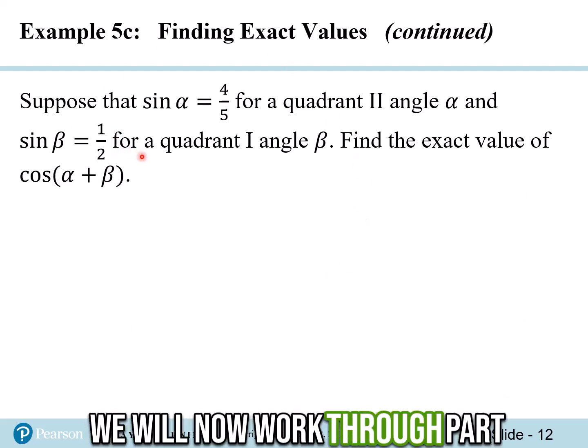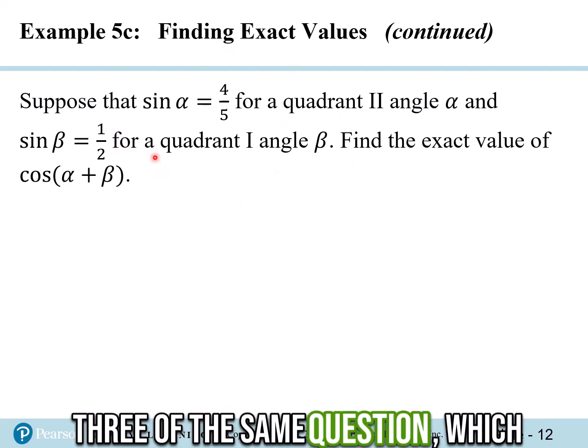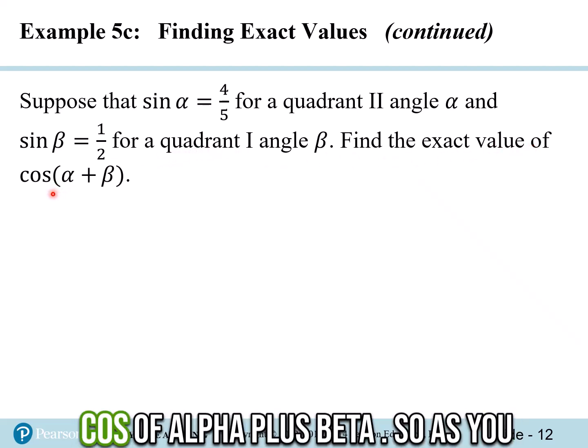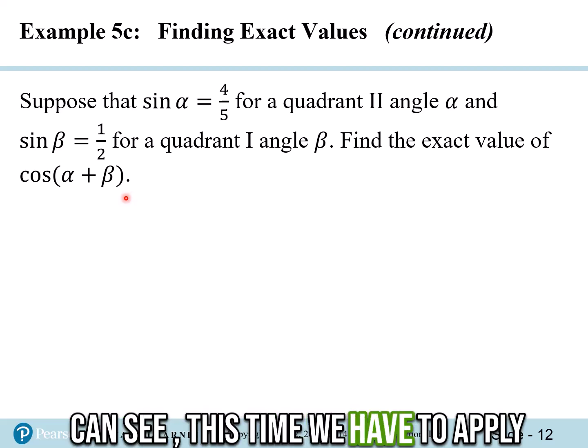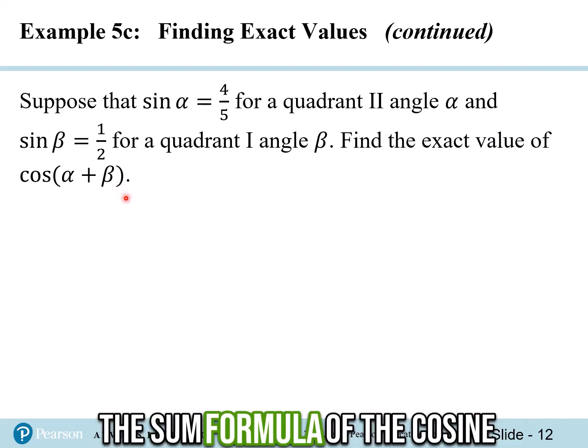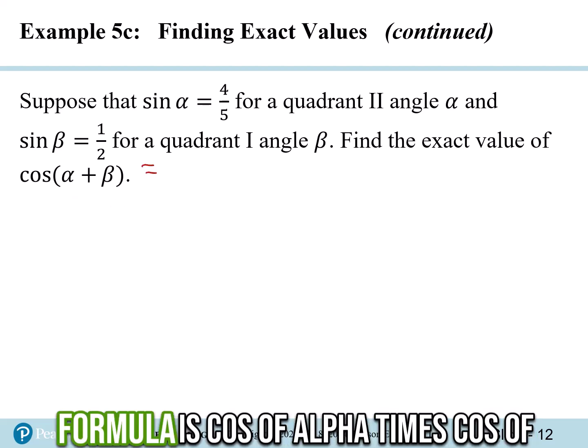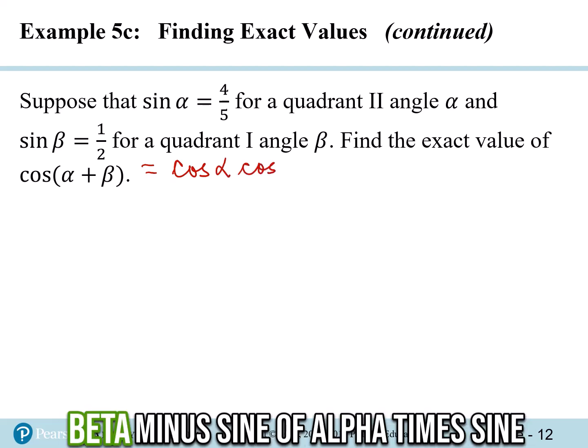We will now work through part 3 of the same question, which asks us to find the exact value of cos of alpha plus beta. So as you can see, this time we have to apply the sum formula of the cosine function. The expanded form of this formula is cos of alpha times cos of beta minus sine of alpha times sine of beta.